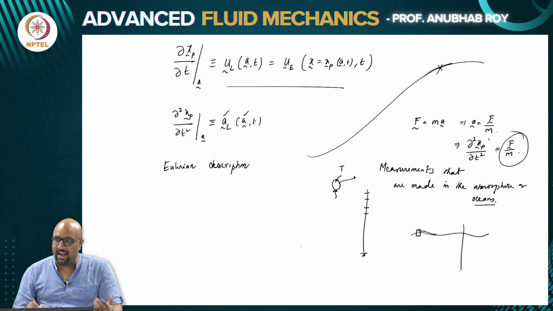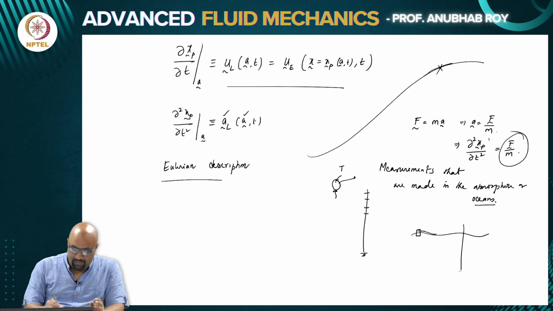You can calculate what the currents would be on the surface of the ocean. You can make measurements of, let's say, temperature. You can make various kinds of measurements, but all the measurements are being made as this drifter is actually moving. As the name suggests, it is moving on in the open ocean. So that's a Lagrangian description. Lagrangian description for measurements of things is quite common when you think in the geophysical context.